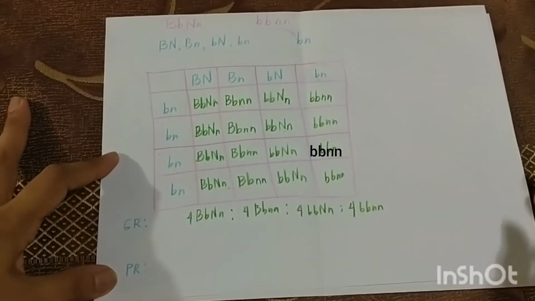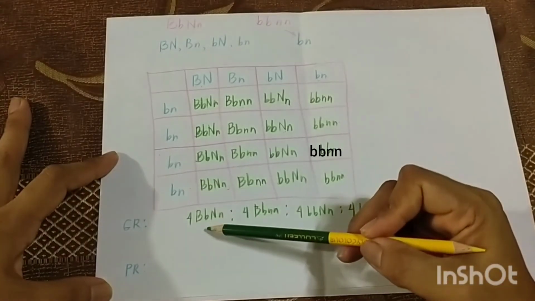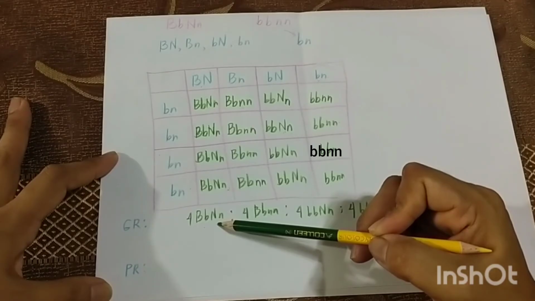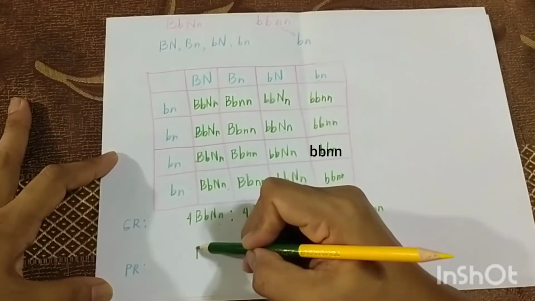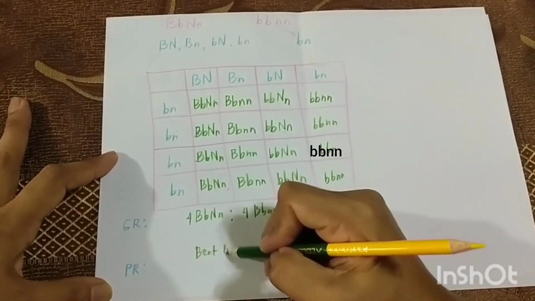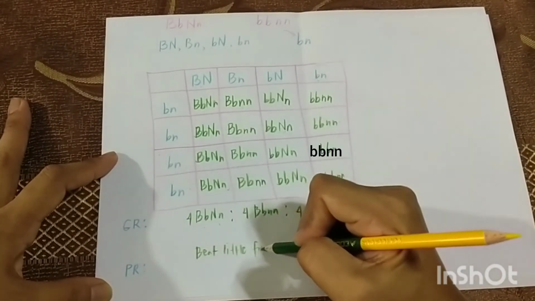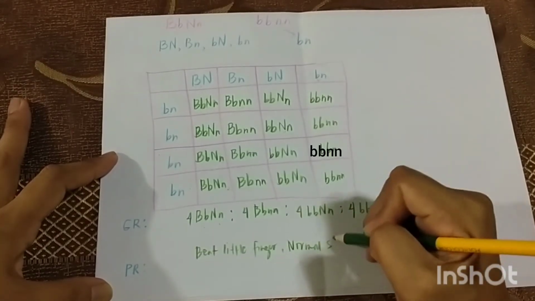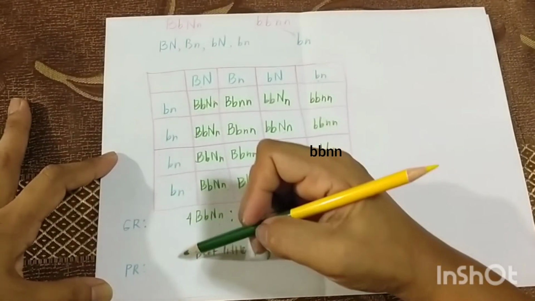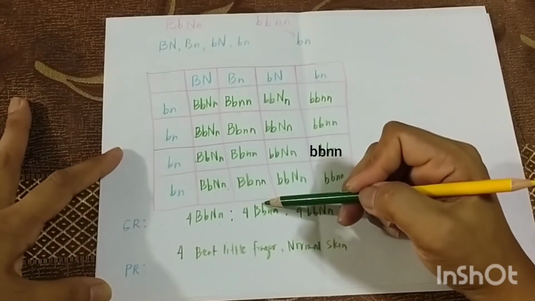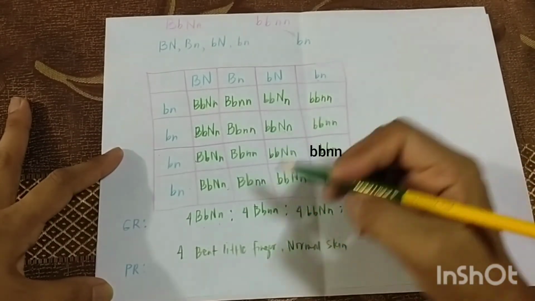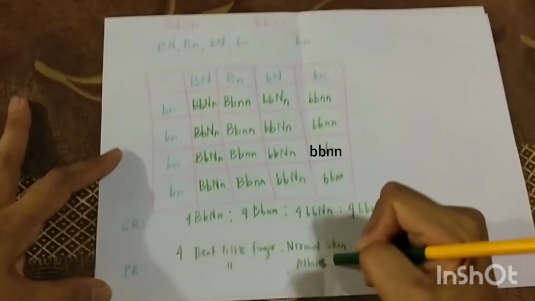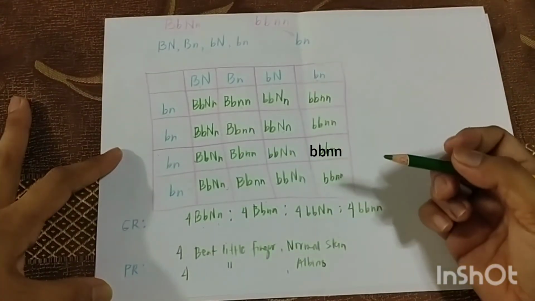For our phenotypic ratio, we have bent little finger with normal skin. We have 4. Bent little finger, albino. We have 4.